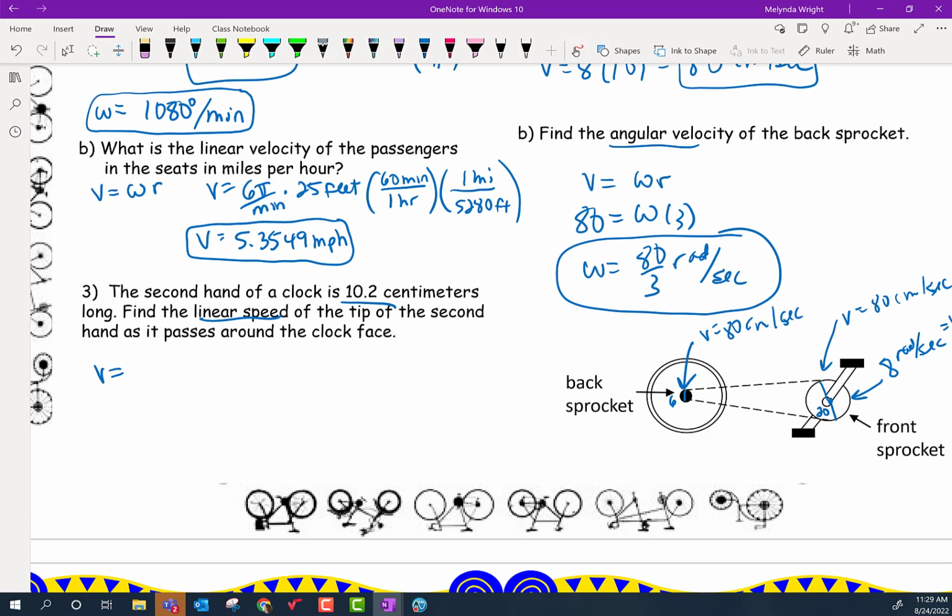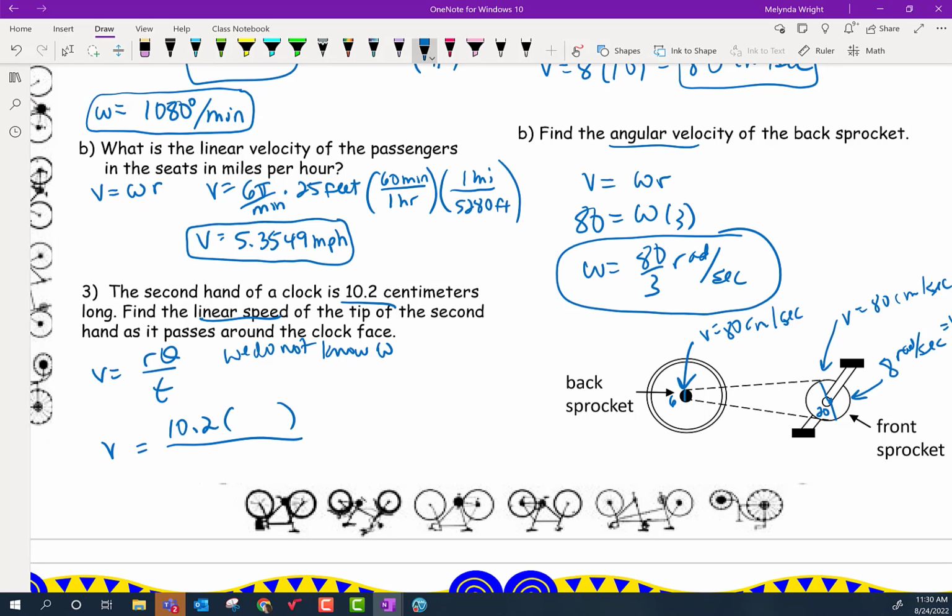We don't know what omega is, so let's write the whole formula. This is omega, but theta over t, r. This is the full thing when we don't know. We can't use the other formula because we don't know omega or angular, but we can calculate it. So the radius we know is 10.2. We need to think about this.